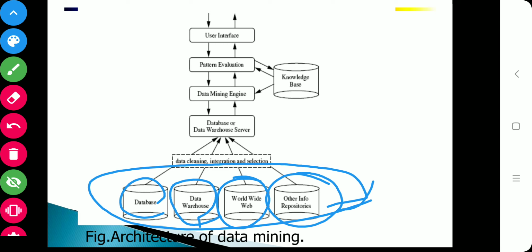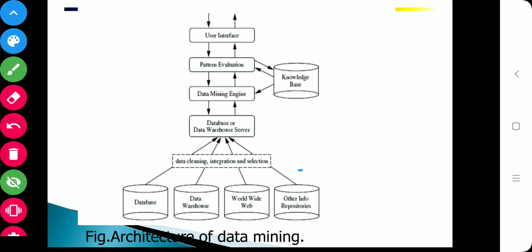So the first step in this is data pre-processing techniques, in which data cleaning, data integration and selection are performed. As we know, data cleaning means removing the noise and errors from the data, as well as filling in the missing data. If any data is missing, fill that data.